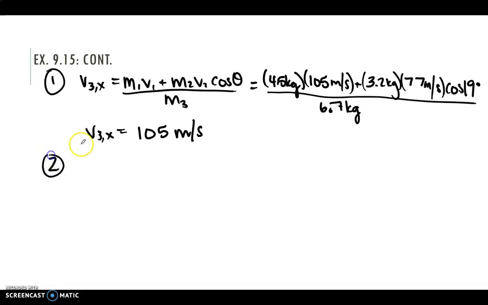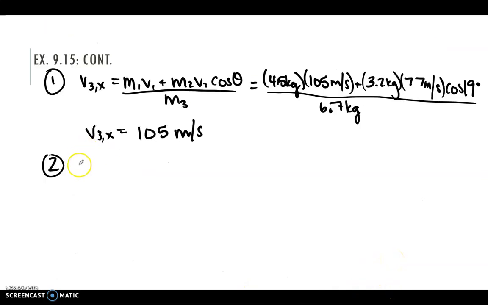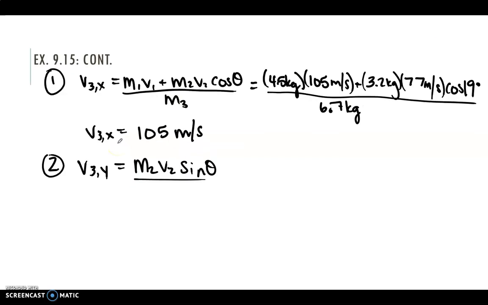And then for the second equation, we'll again solve for the V3 y component now. So V3 comma y is going to be m2 v2 sine of theta over m3.